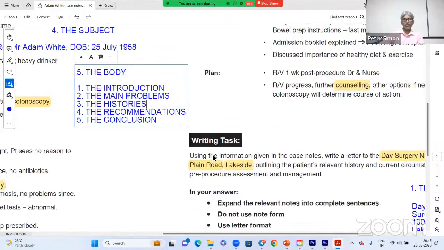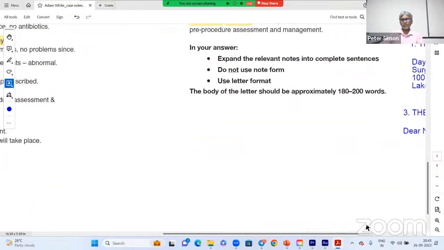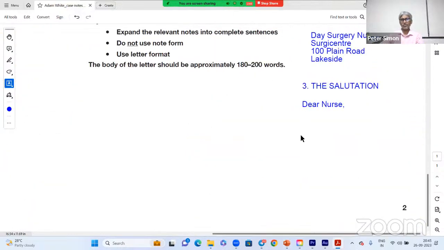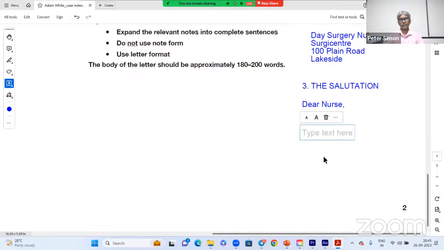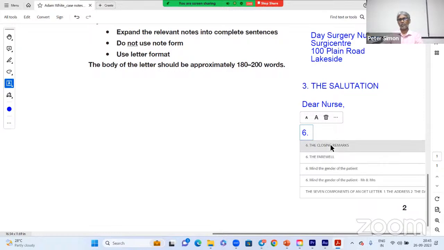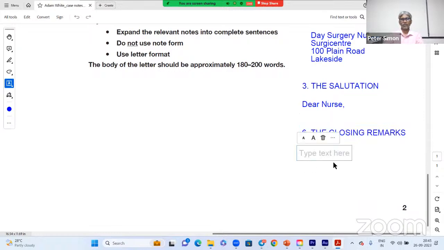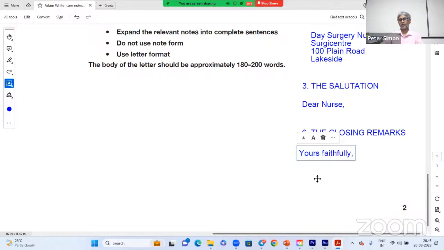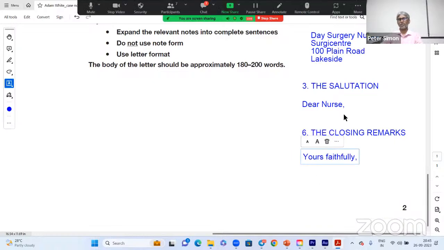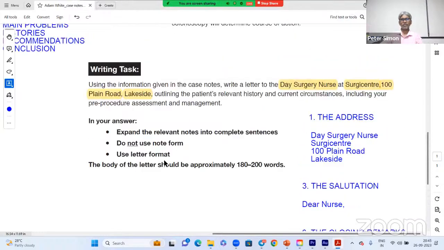Then the sixth one depends on this one. Dear nurse. The closing remarks. Yours faithfully, because the name is not there. Dear nurse, you are writing, so yours faithfully, comma. And sender's particulars.